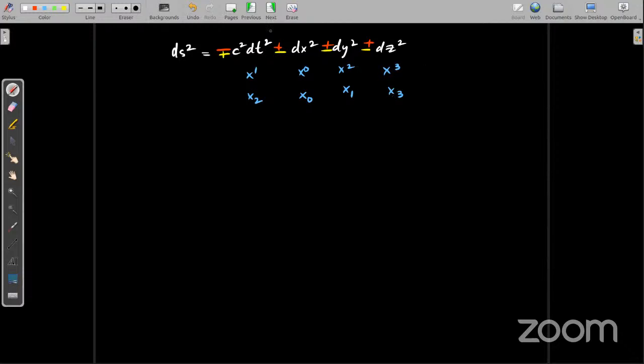Since there are so many options, we just stick to the standard convention that this is x0, this is x1, this is x2, this is x3, something everyone finds easy to work with. Even though there are several ways you can do it, shuffling around the minus signs and so on. So that's about that.